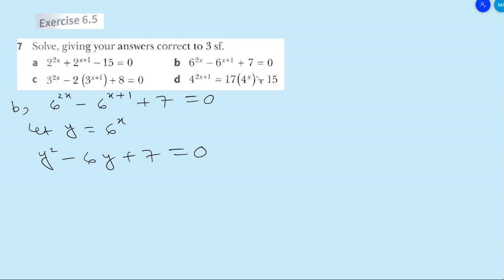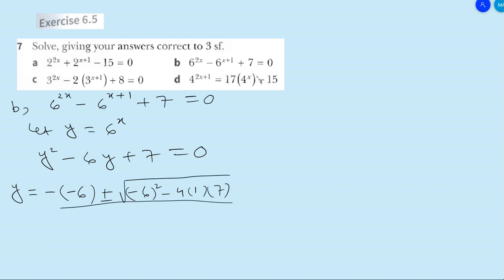The quadratic formula is y equals minus b plus minus square root of b square minus 4ac, upon 2a. What is b? The coefficient of y, minus 6. a is 1. Then y equals 6 plus minus the square root of 6 square, which is 36, minus 4 ones are 4, 4 sevens are 28, upon 2 ones are 2.